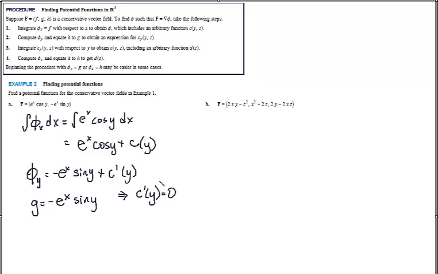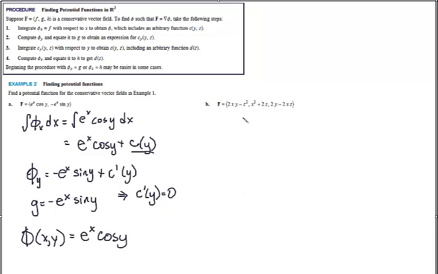Therefore, c sub y is any real number. We can choose that to be 0 or whatever, but phi of x y is then equal to e to the x cosine y, and I'm just going to say this c sub y is 0.